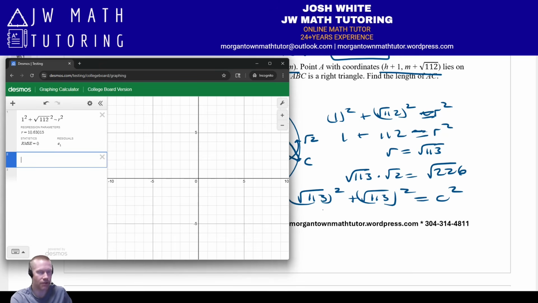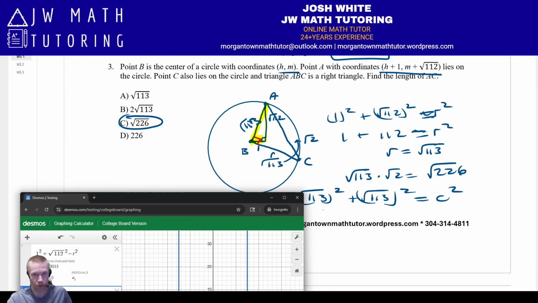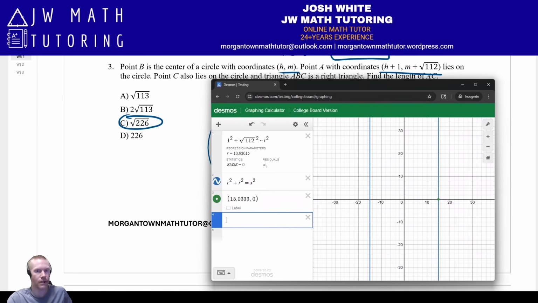But the problem is you can't carry something over from multiple regressions. So if you wanted to carry the value over, you would do r squared plus r squared, and then that's equal to, technically you would do x squared instead of c squared, and that will solve this. This x right here is your hypotenuse. That's the value for AC. And you can see the number is right here, 15.033.